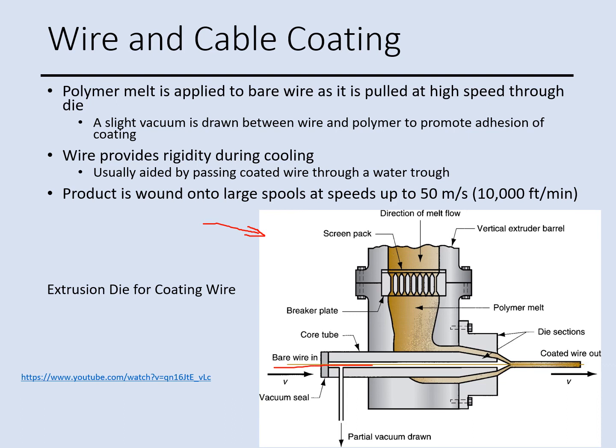So the wire is here, and it's going to be drawn this way, and the polymer melt will cover the wire in a vacuum chamber. That vacuum chamber between wire and polymer promotes the adhesion of the coating, and the product is going to be wound onto a larger spool at a high speed. The speed can be 50 meters per second.